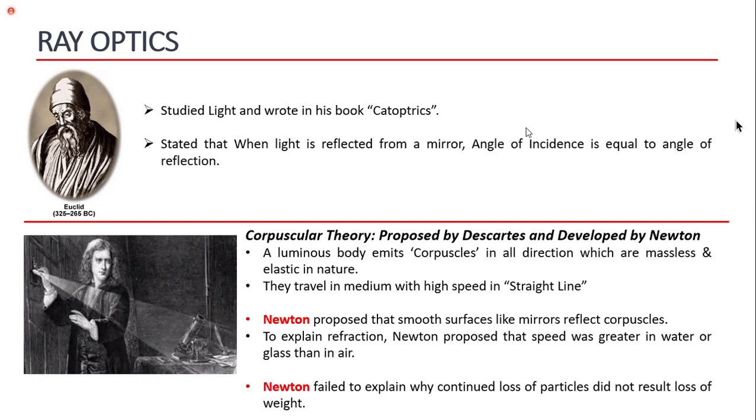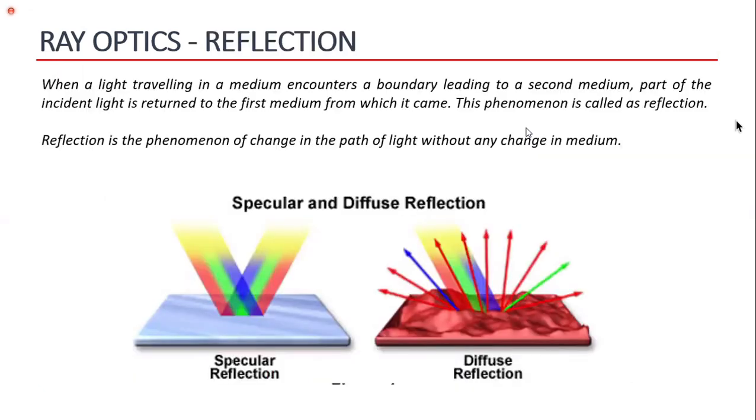Now, whenever we talk about light as a particle and light as a ray, light is going and falling on something, and it's getting reflected. Now, what do I mean by reflection? That is the first thing we'll see. For that, we will take a very smooth surface and an irregular surface.